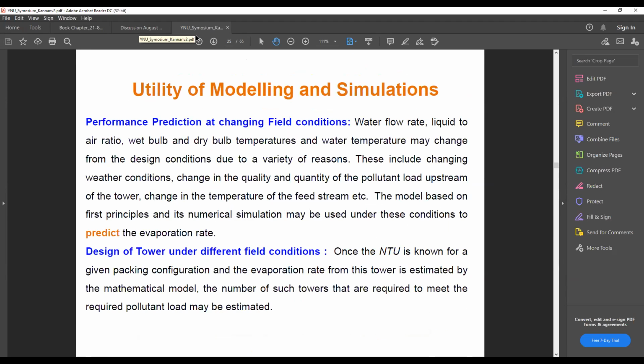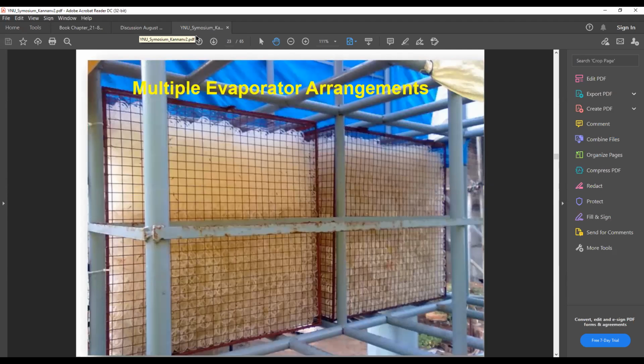Yeah. So when you have packing in a cage, there are a lot of factors involved. For example, you would like to have a bigger piece of packing material or a smaller one. If you go for a smaller packing material, the interfacial area for contact between the air and water would be higher.